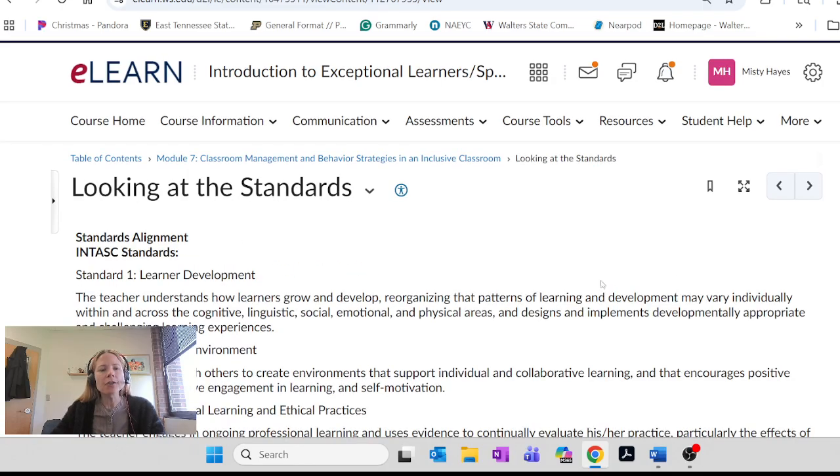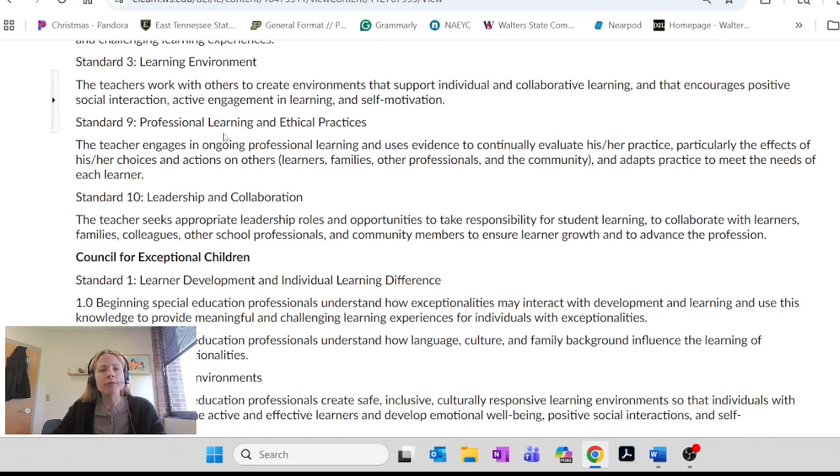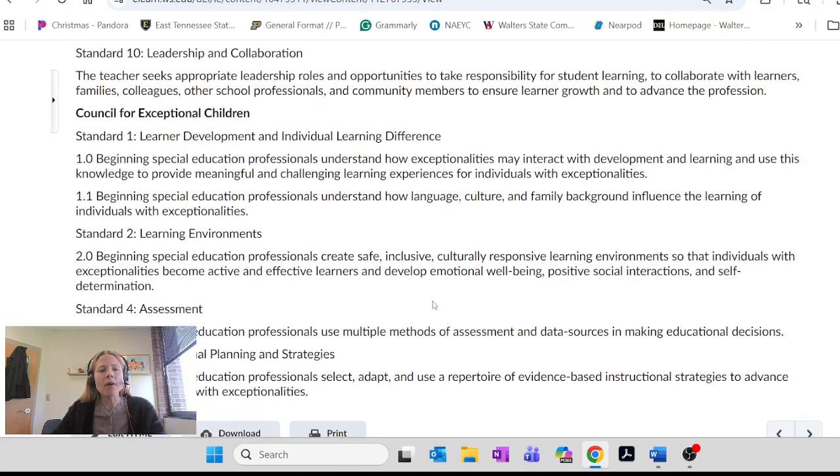Now, the standards that you're going to be aligning with in terms of our teacher preparation in task standards, you're going to be looking at learner development, learning environment, professional learning and ethical practices, and then leadership and collaboration. Now, under Council for Exceptional Children, we're going to be looking at standards 1, 2, 4, and 5.